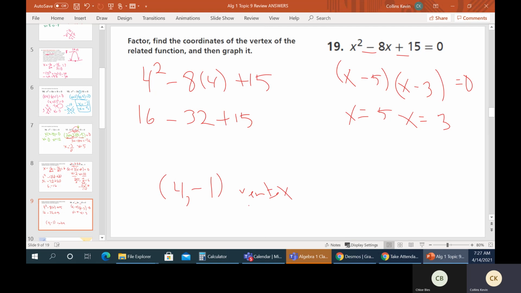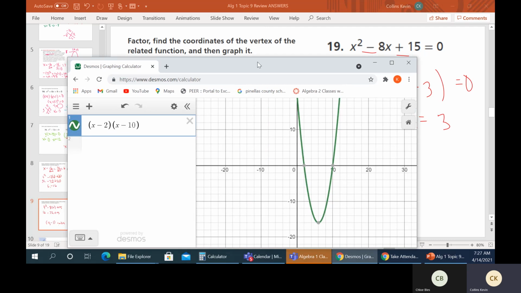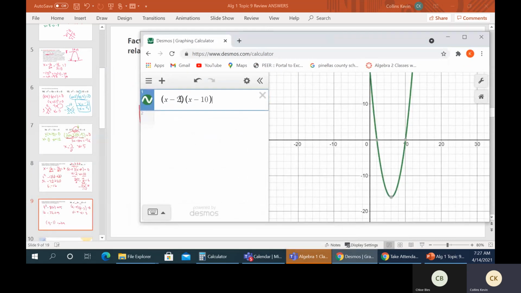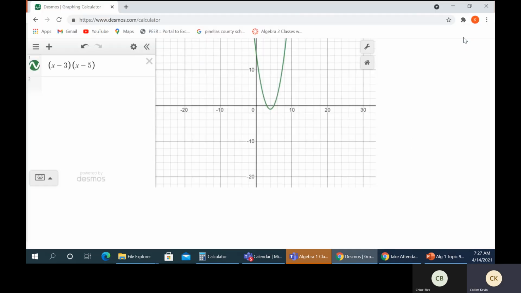All right, so let's bring in Desmos again. Okay, so this one is minus 3 and minus 5. So x minus 3 and x minus 5. Let's make it a little bigger so we can see what's going on.